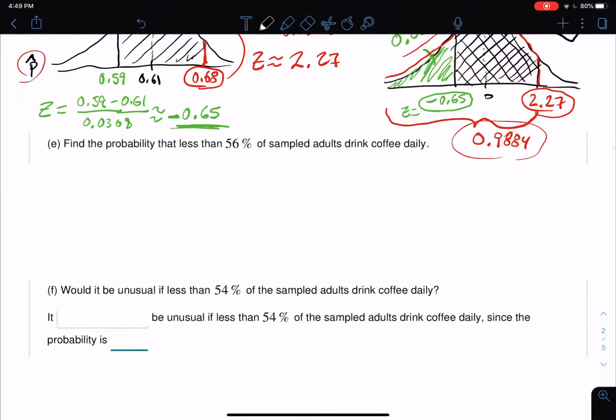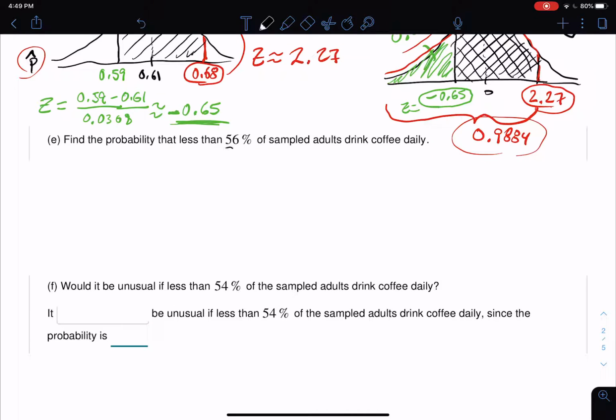Find the probability that less than 56% of sampled adults drink coffee daily. Once again, when they say 56% of the sampled adults, they're talking about a p hat of 0.56. So now you're starting to see what's going on here, trying to get a visual of what's happening. Once again, I take all of these samples of adult coffee drinkers, and you get all these sample proportions, and then we make a distribution out of it.